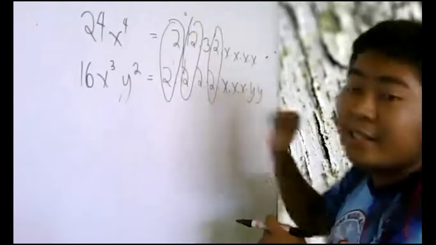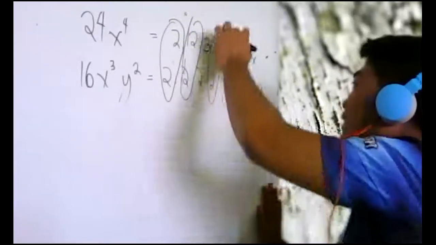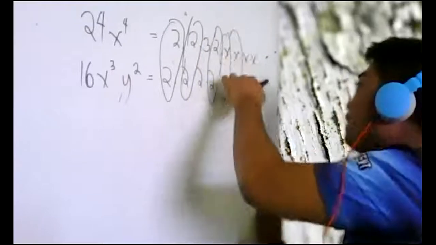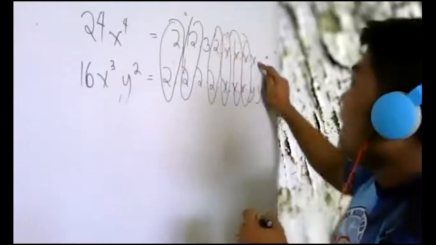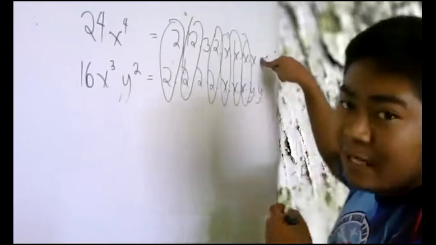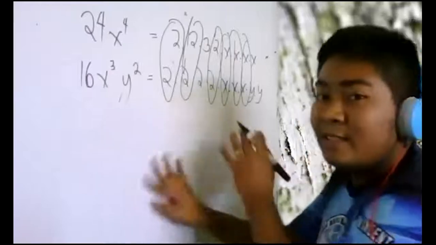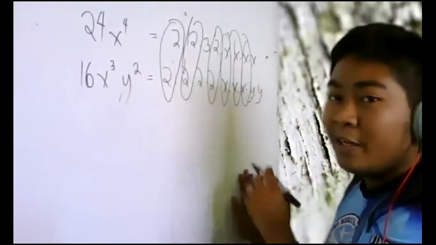So si 3 and 2 hindi na siya kasi hindi na sila parehas. How about x and x? Tama? X and x, x and x. Si x na isa wala nang kapartner sa baba. Si y walang kapartner sa taas. Therefore, ito na yon. Then list all of the factors na.